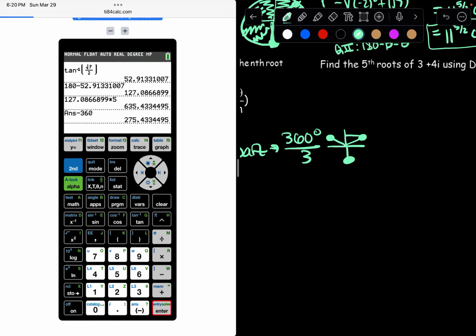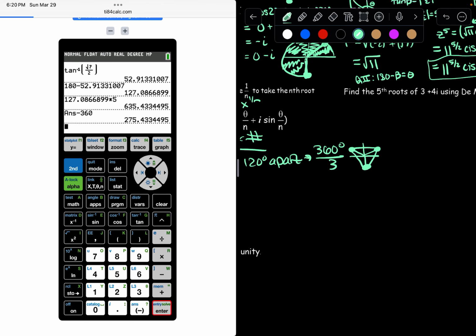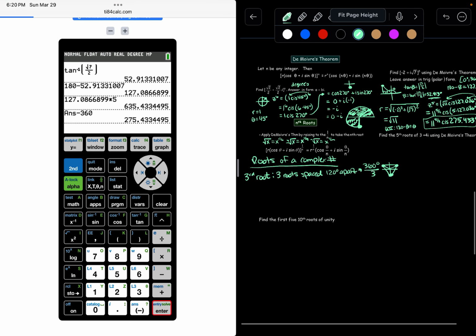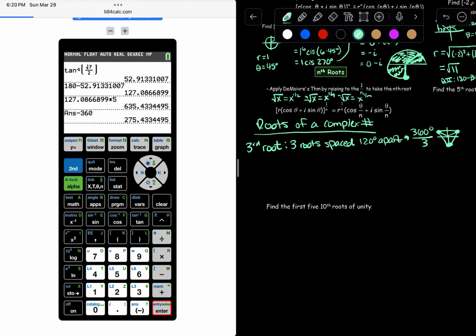And if you notice, because these are evenly spaced, these points become the vertices of a 3-sided polygon, aka a triangle. And because they are evenly spaced, it will be an equilateral triangle. And this pattern follows for however many roots we have, because the roots, n has to be an integer. So we're not going to get like raised to the 1/2.5, right?